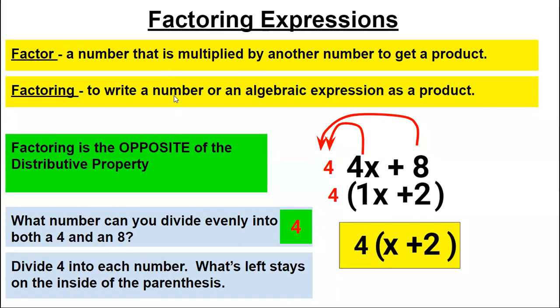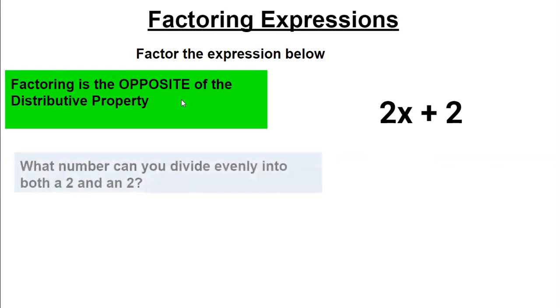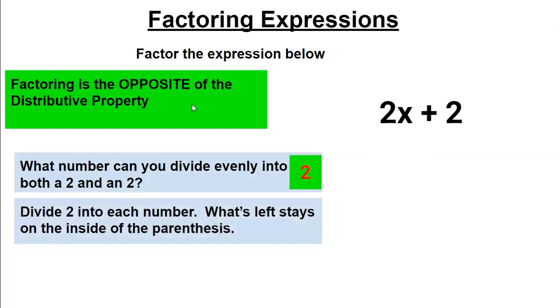Okay, let's try another one. Factoring again is the opposite. So we have 2x plus 2. Ask yourself, what number can you divide evenly into both a 2 and a 2? Well, I hope you answered 2, right? So we're going to pull out a 2, divide 2 into each number. What's left stays on the inside of the parentheses.